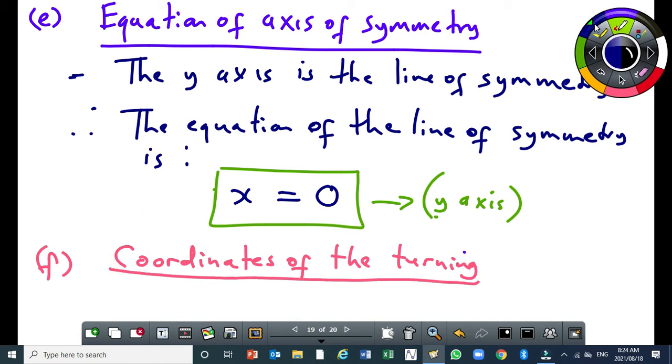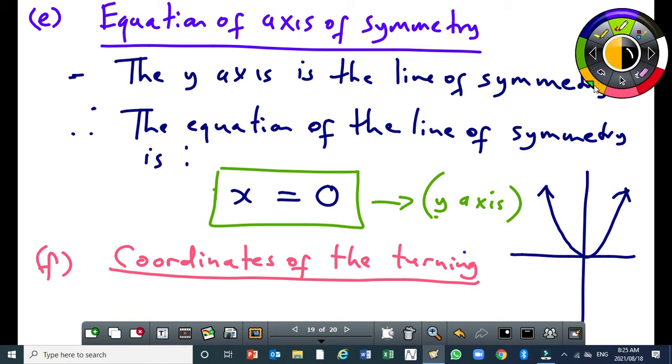Right. In grade 10, your turning point, if by turning point I'm referring to where the graph stops increasing or decreasing. Right? The graph of a quadratic function has got a turning point. So if I sketch it like this, this point here is a turning point.